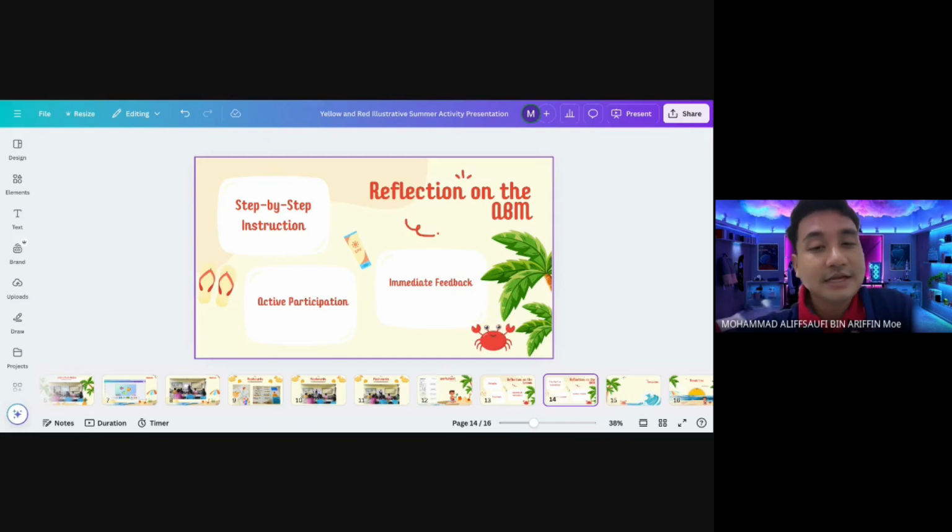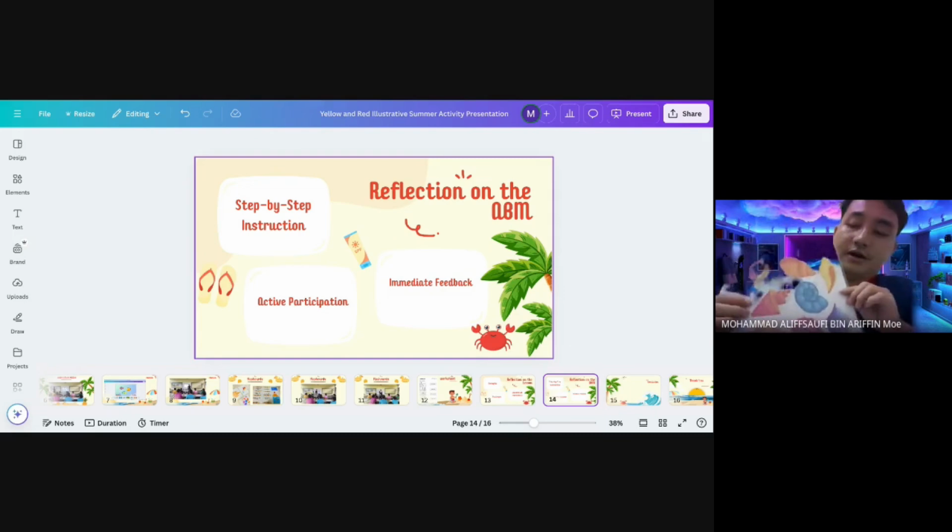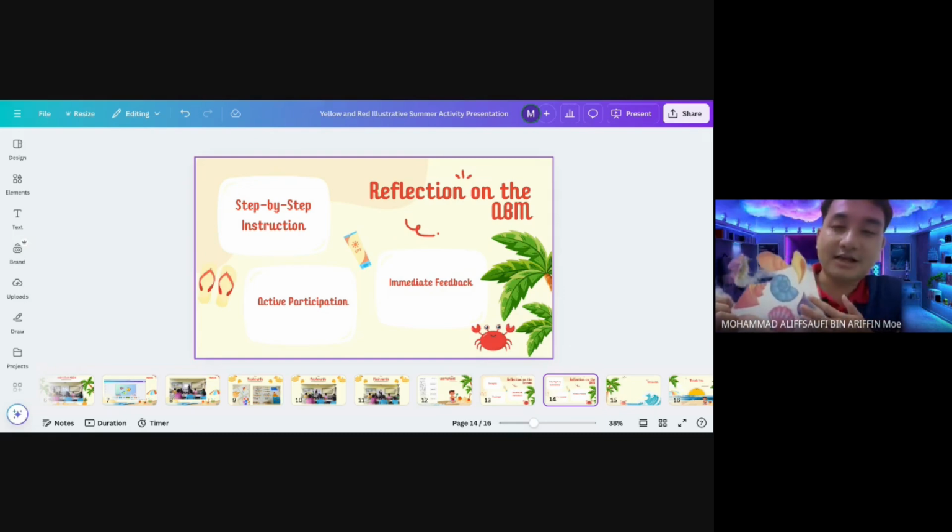Okay, so for example, if a student misidentified an object in the picture, I gently guided them to the correct answer while explaining reasoning. So for example, like this one, I asked them, what is this? Some of them will answer shells, some of them will answer other things. So I will correct them right away. But usually I will give them a clue first.